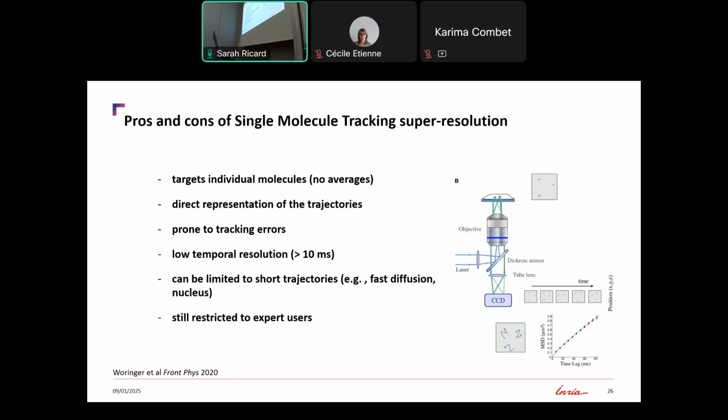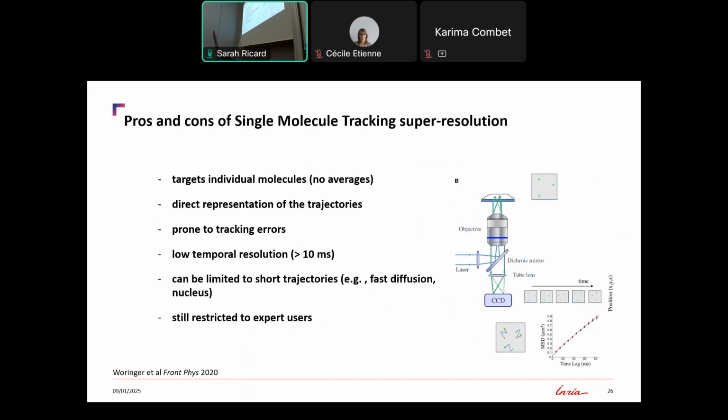So that means that if your molecule diffuses fast, then usually you have very short trajectories. You cannot have trajectories that have, I don't know, 200 positions in a row. And that's what happens, for instance, in the nucleus. It turns out that in the nucleus, usually the proteins go fast and move very fast away. So it's very difficult to do this kind of stuff in the nucleus. It's much easier in the plasma membrane, so the external membrane.